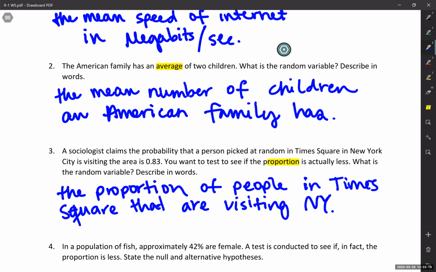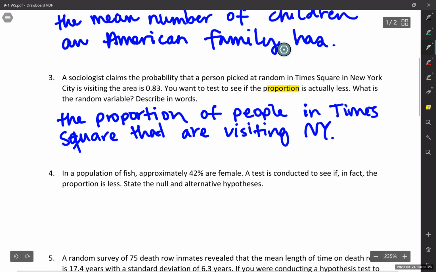Okay, so now that we have an idea of the things we're looking for, mean, we're looking for proportion, we're going to start writing out the null and alternative hypothesis.